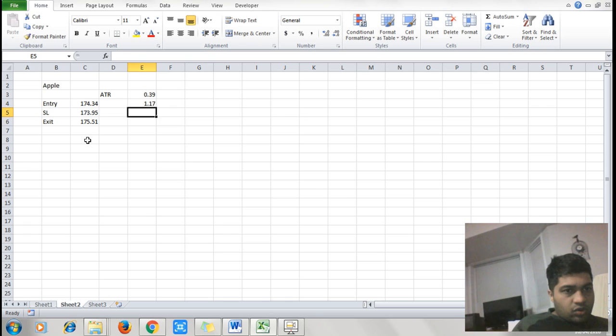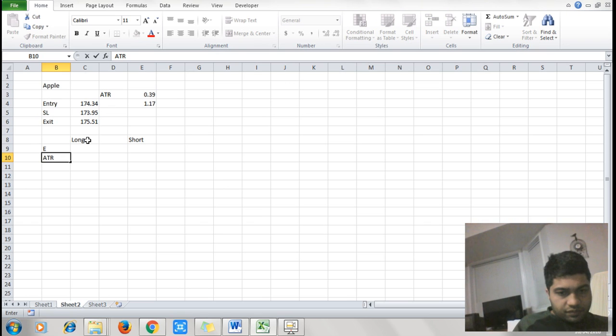Okay, so points to remember while designing trades, find out entry. So we are distinguishing it for long and short trade. For long, find out entry, then ATR, then devise a stop loss and devise an exit. Okay, same for short. Now once you have entry and ATR, entry is based on support, in short entry is based on resistance.